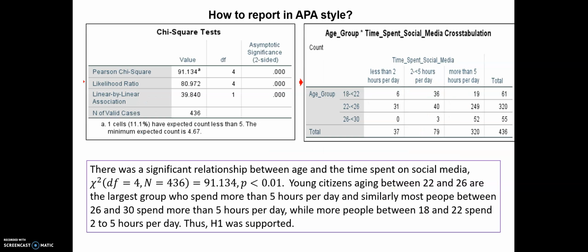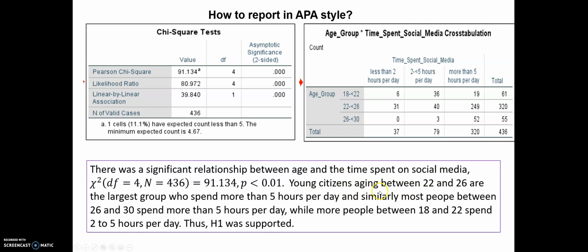Okay, so how can I report all this kind of information based on APA style? It is easy, guys. So altogether, I can say there was a significant relationship between the age and the time spent on social media.